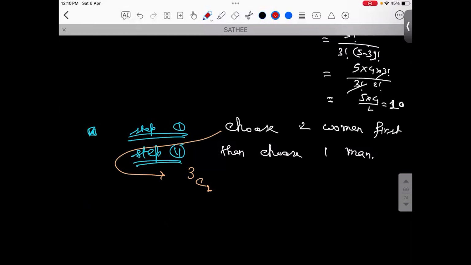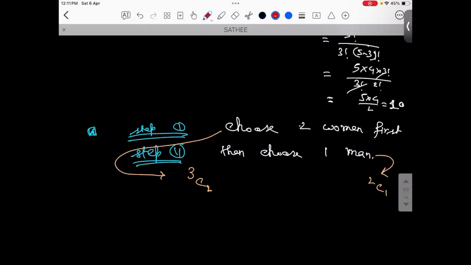Because the order will not be that important in this example. Now for each choice, we can choose one man from the two men. Correct? So how many ways can I choose one man from two men? 2C1.